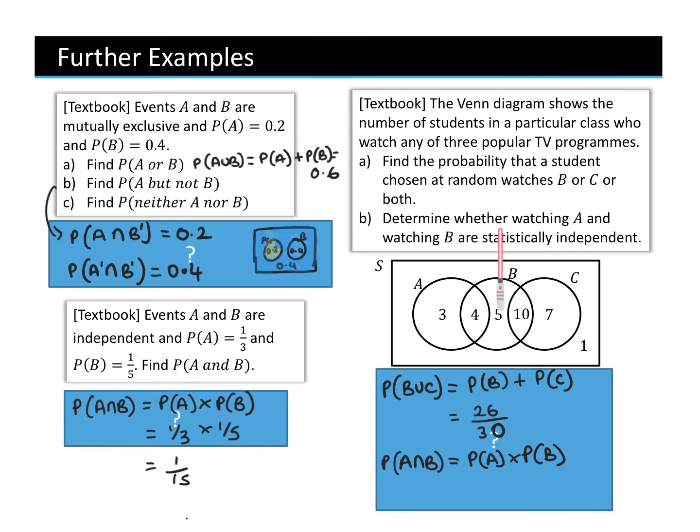So if they're independent, the probability of A intersection B will equal the probability of A multiplied by the probability of B. Probability of A intersection B, we know, is 4 out of 30. This should equal the probability of A, which is 7 out of 30, multiplied by the probability of B, which is 19 out of 30. Okay?